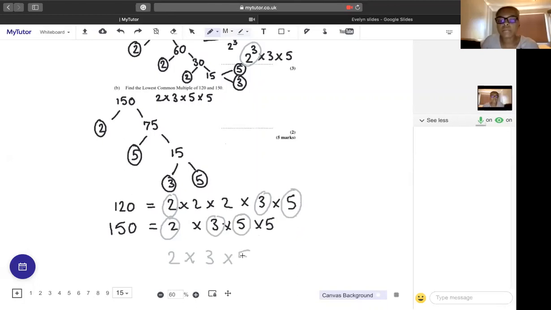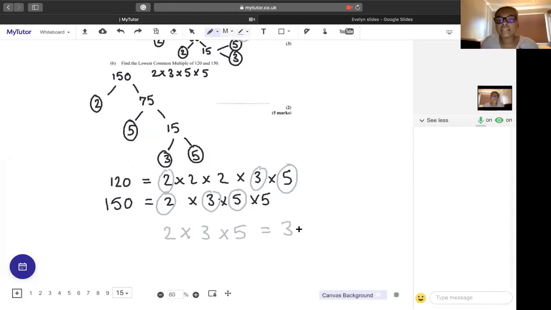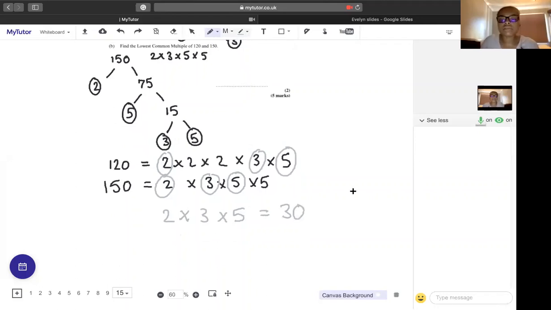So we can multiply this by 5. So there's no more numbers which we haven't circled, which appear in both numbers. So this is our highest common factor. So 2 times 3 is 6, times 5 is 30. So this is our highest common factor.